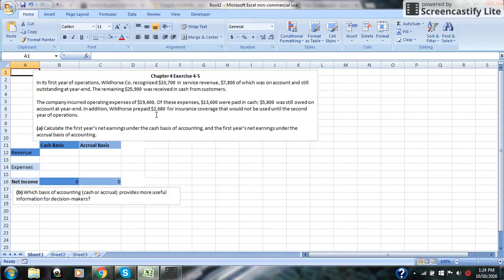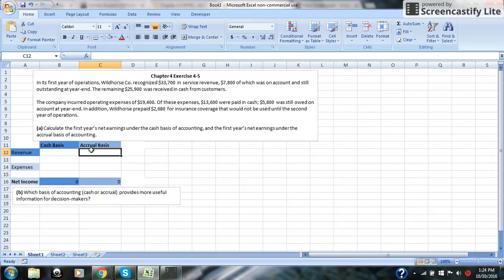So for the accrual basis, it's pretty easy. We just look at total revenues and total expenses for the year that are based upon the revenues that were received in that year. So we wouldn't include the $2,680 for the prepaid insurance on the accrual basis.